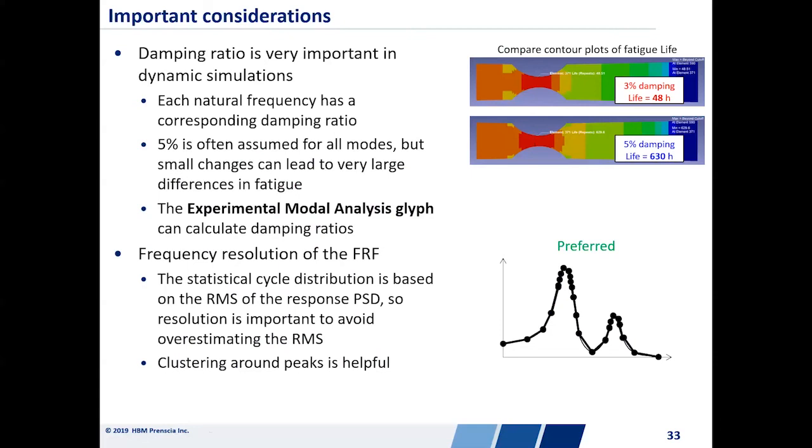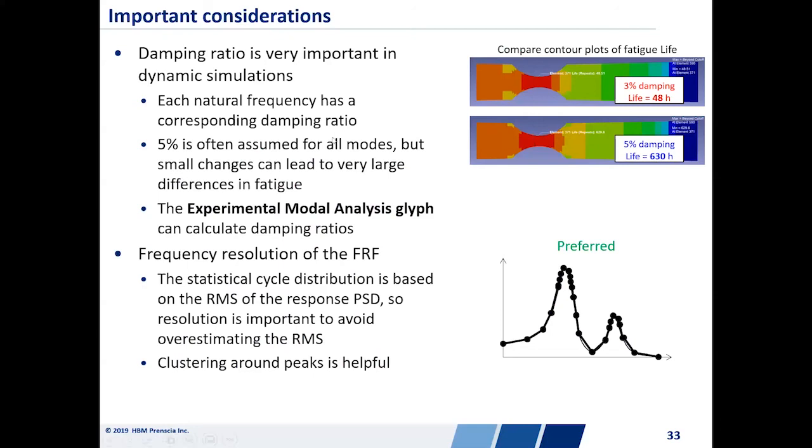In addition to damping ratio, another important consideration is going to be the frequency resolution of your frequency response analysis. What is really important is that the statistical cycle distribution is based heavily on the RMS of the response PSD.